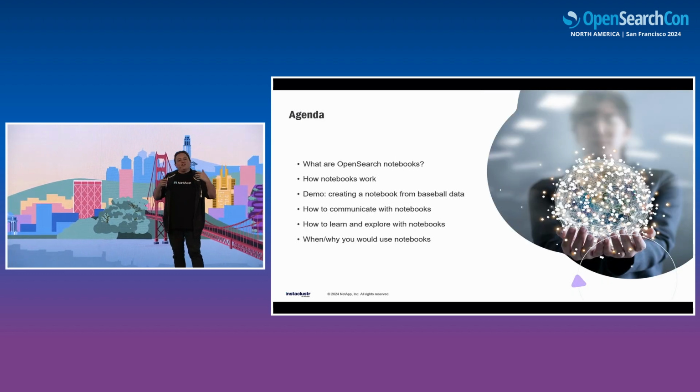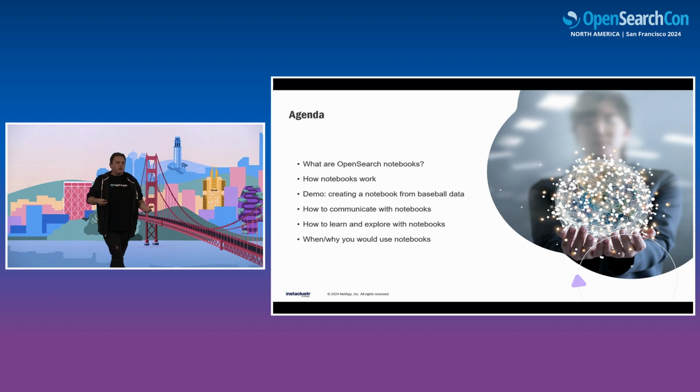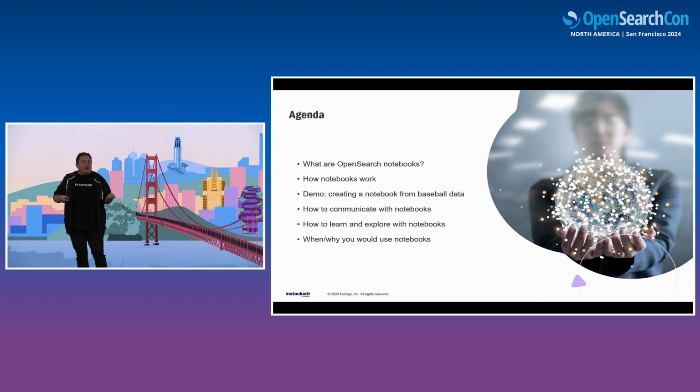Anyway, so let's talk more about what are OpenSearch notebooks? What are we trying to achieve? What problems are we trying to solve? We'll talk about how notebooks work a little bit. We'll do a demo. I created a notebook from historical baseball data going all the way back to the 1800s to last year. And we'll go through that a little bit.